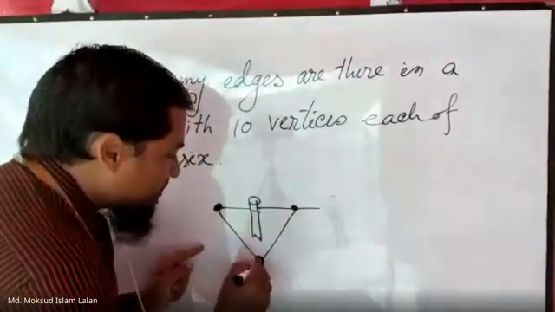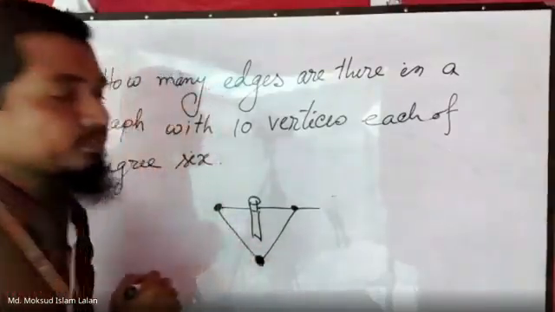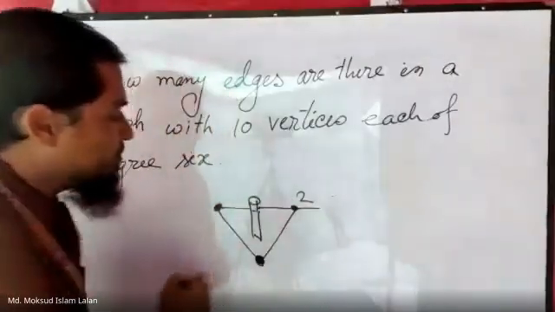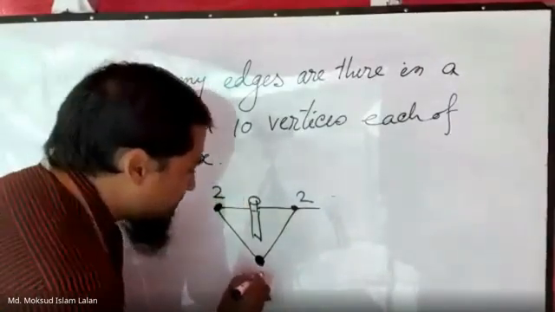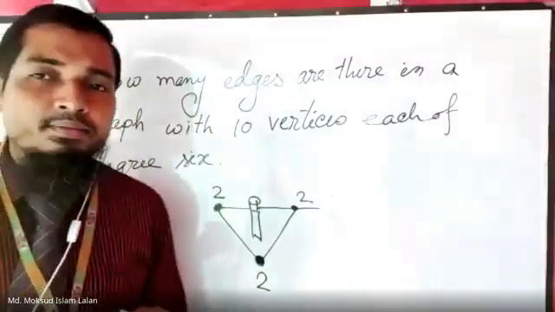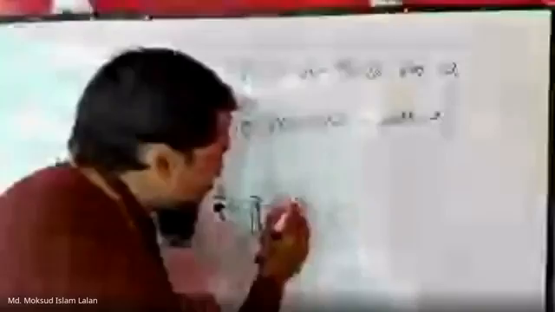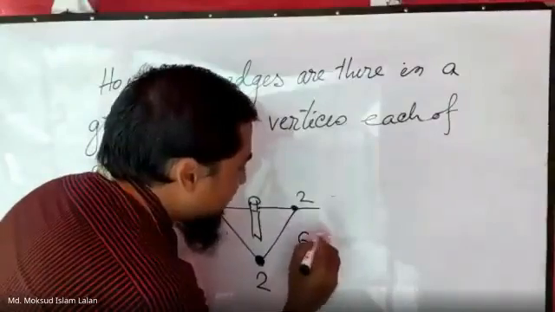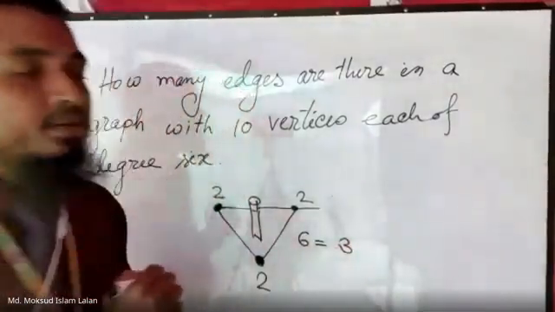Can I say this vertex is degree 2, this vertex degree 2, this vertex degree 2? Yes, sir. How many edges, dear student? 3. So your degree sum is 6 and edges are 3, right? Yes, sir.